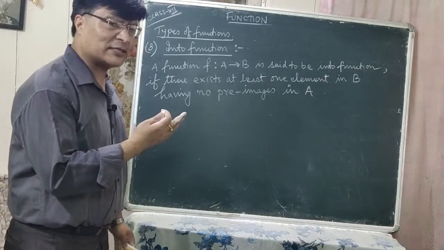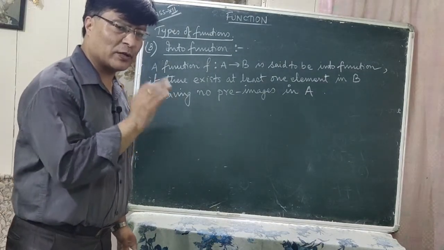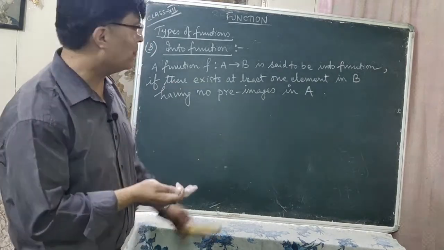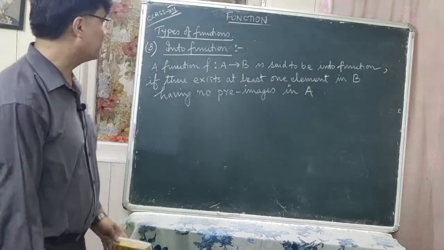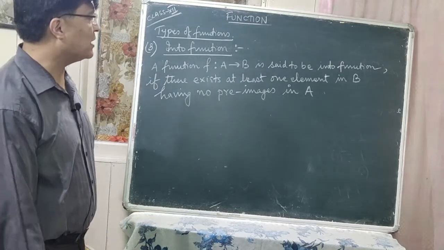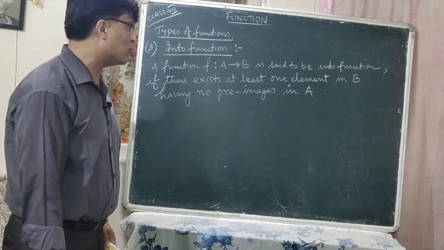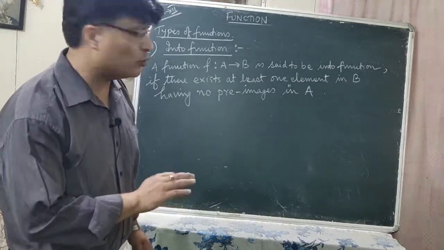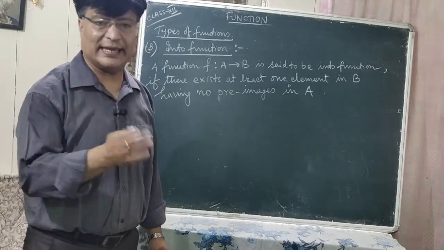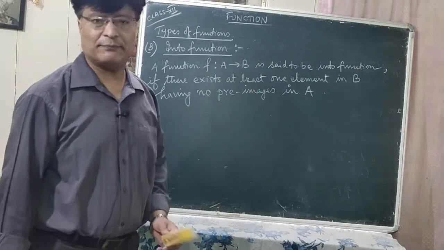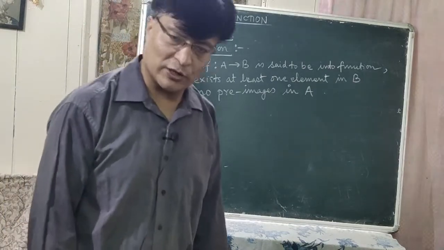त एटलिस्ट कुनै एउटा एलिमेन्ट B मा छ जसको प्री इमेज चाहिँ A मा भएन रहेछ भने चाहिँ त्यसलाई हामी के भन्छौं इन्टु फंक्सन भनेर भन्छौं. A function f such that a to b is said to be into function if there exists at least one element in B having no pre-images in A. So this type of function is known as into function.